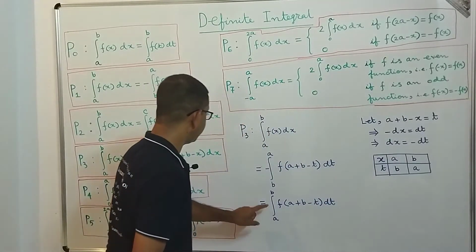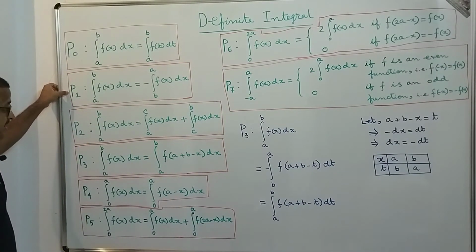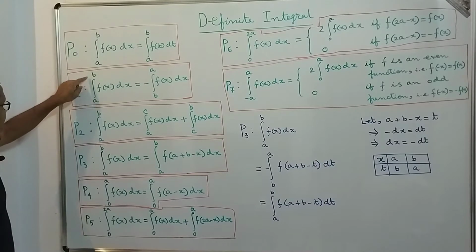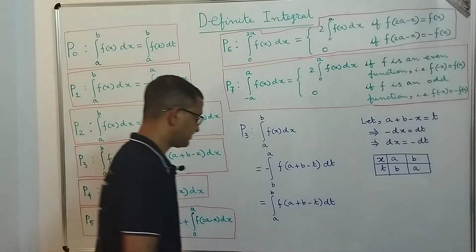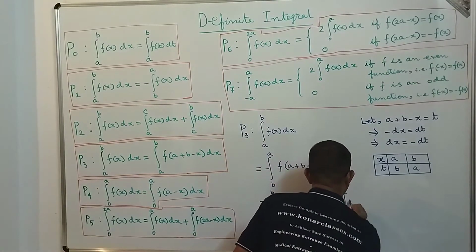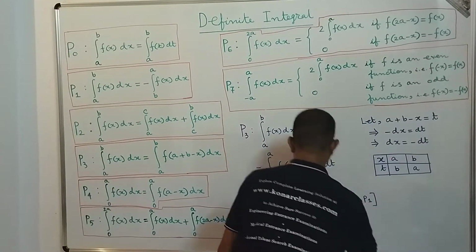You know from where we get this? We get it from property P1. Property P1 tells us that integration a to b f(x) dx is equal to minus integration b to a f(x) dx. So we can say here, by property P1.